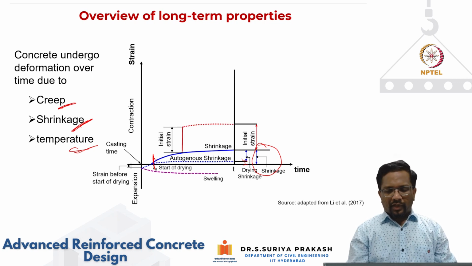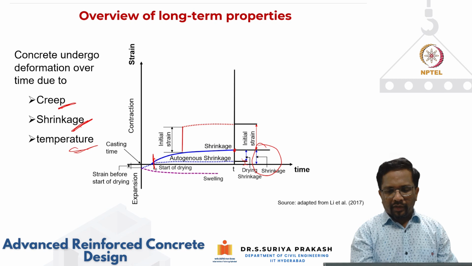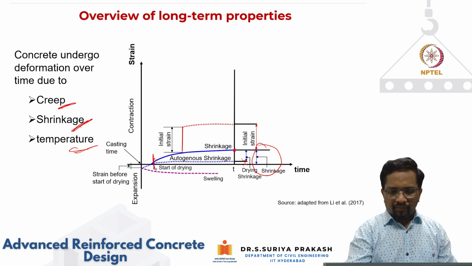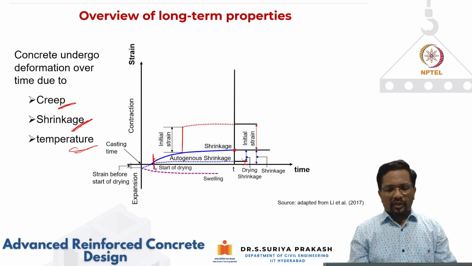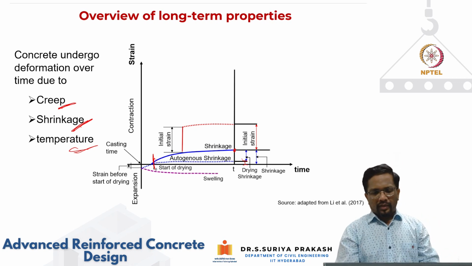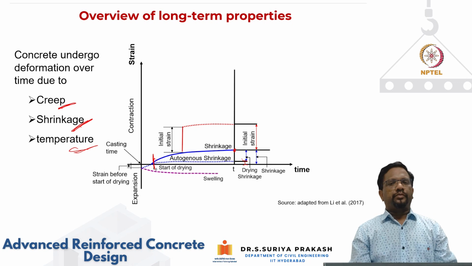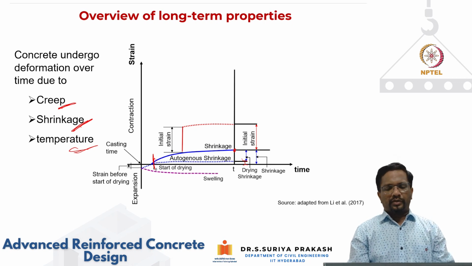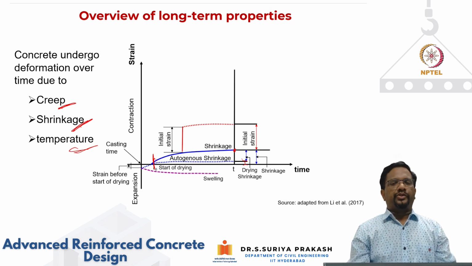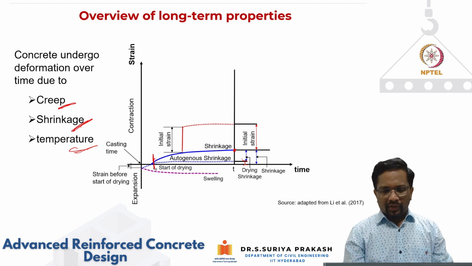Then the moment we start applying the load here, you have an initial strain, which is what is given here. And then the strain increases. In addition to your autogenous shrinkage and drying shrinkage, you also have strain induced by the load.